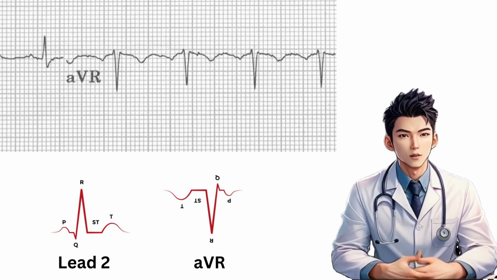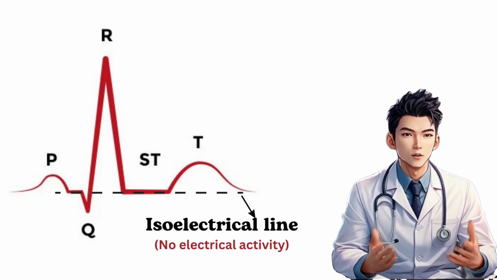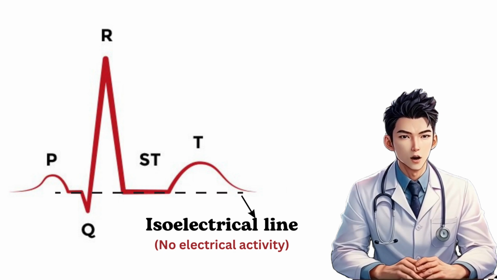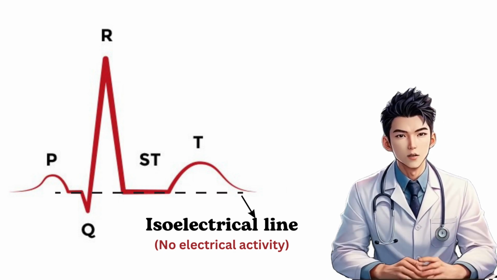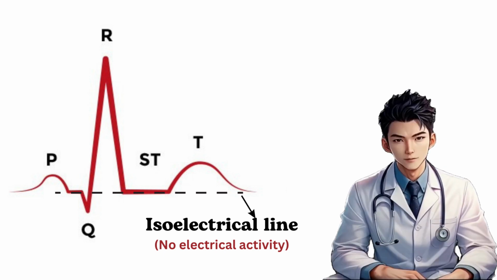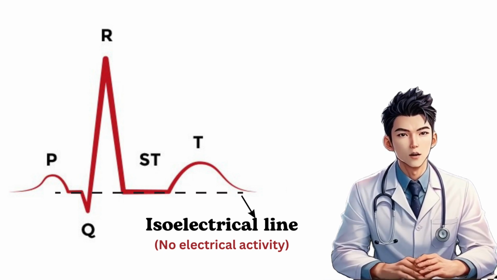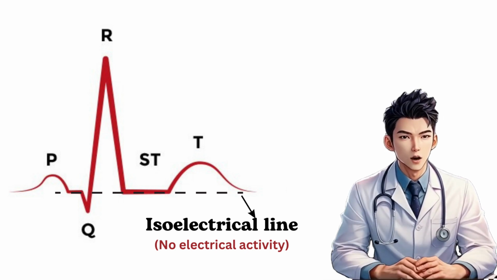The axis has changed. Now on ECG, the isoelectric line means that there is no electrical activity, and whenever current flows in one direction, there will be a positive deflection. When the current flows in the opposite direction, there will be a negative deflection. And you see a classical PQRST wave.